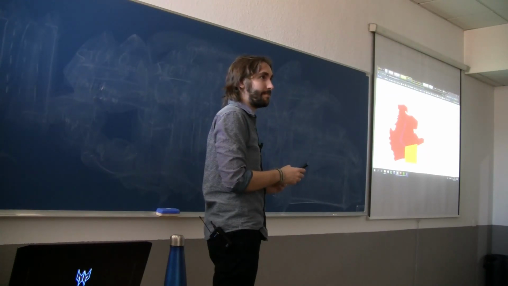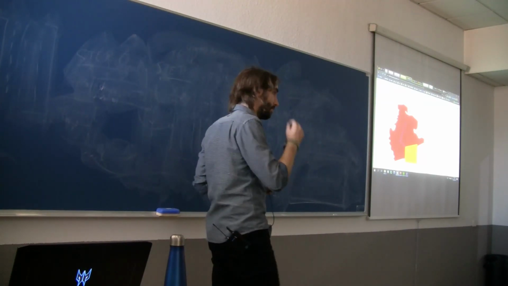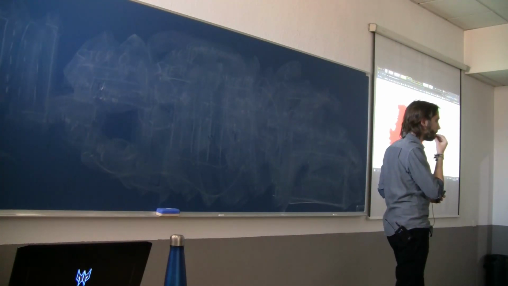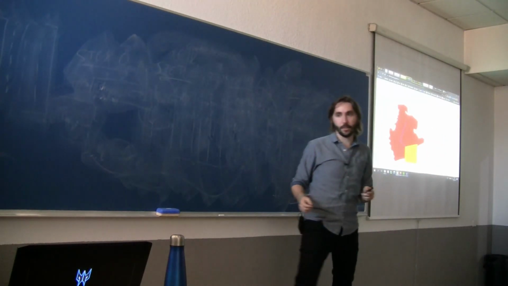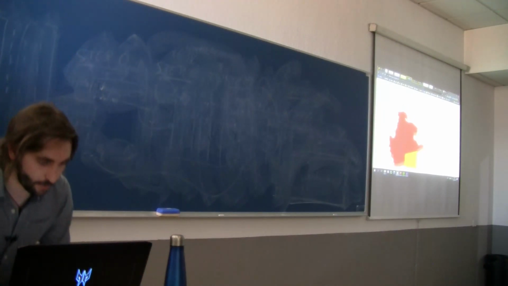Any question? Yes. Maybe you are going to explain us later, but is there any tool that allows us to draw these polygons instead of typing the coordinates? Yes. QGIS. The one that I showed before.